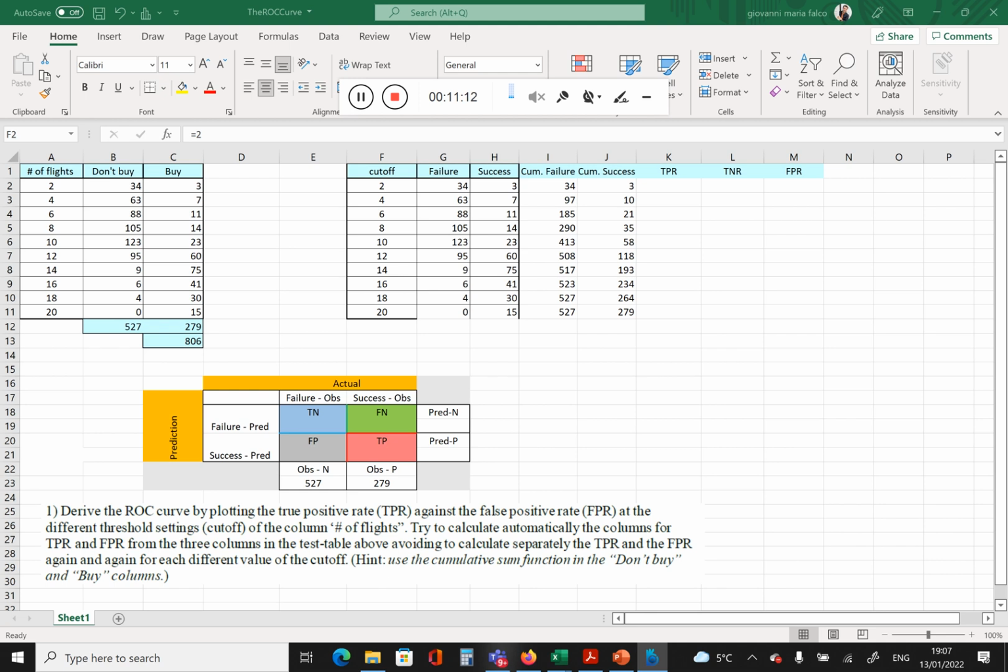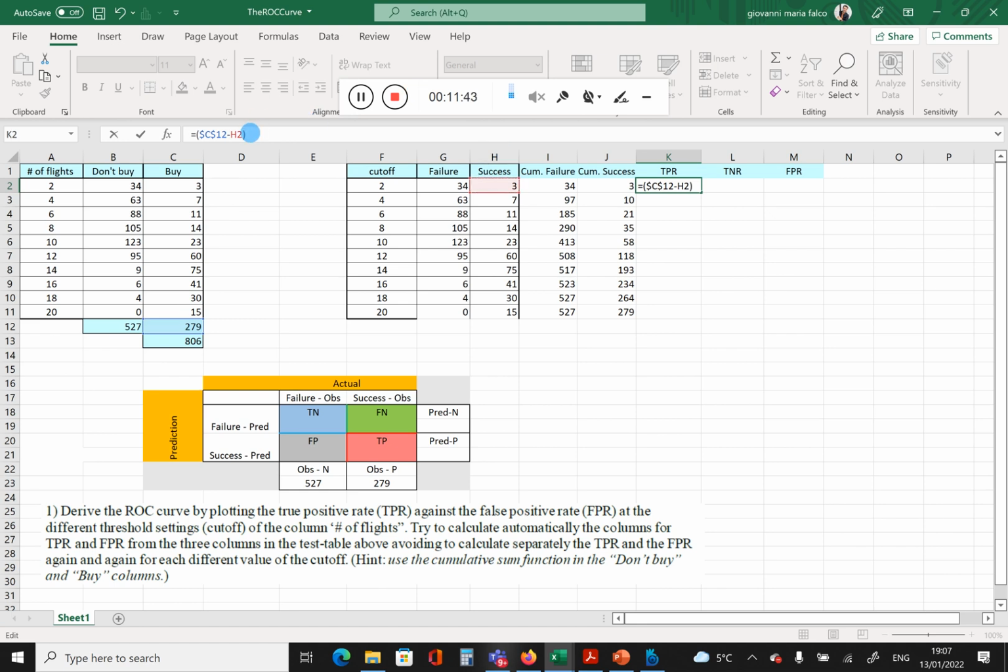So if I want the true positive rate, I have to fill here: this is equal, and then I take everybody, so 279, and I have to fix this because this will always be the same, minus, in the case of cutoff equal to 2, only these 3 are the false negatives.